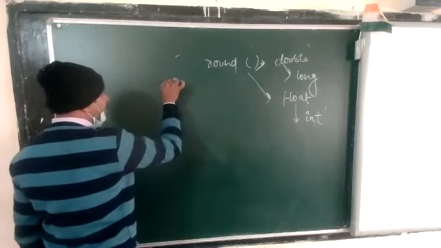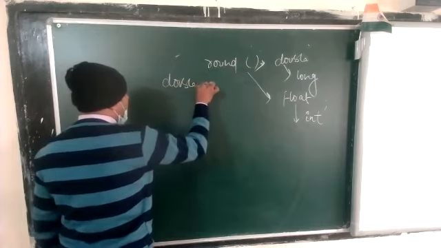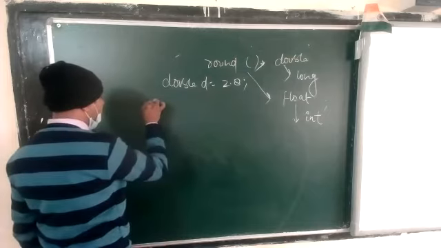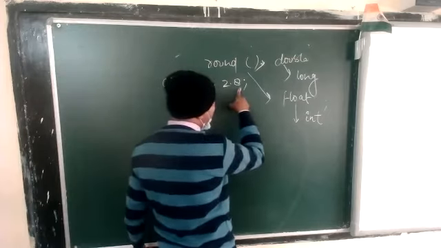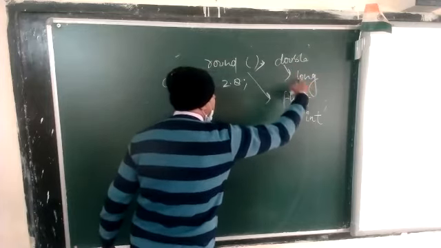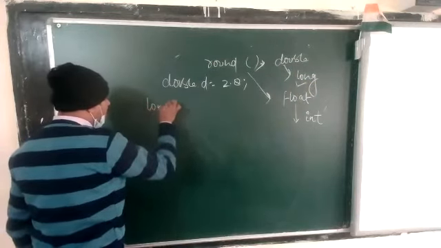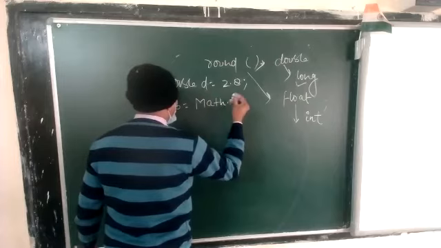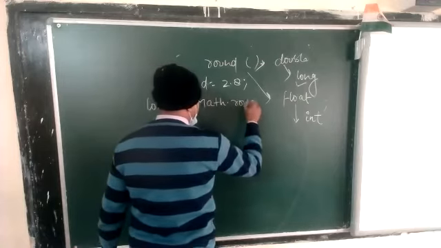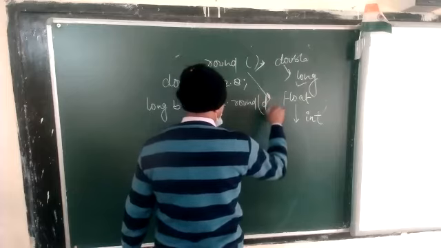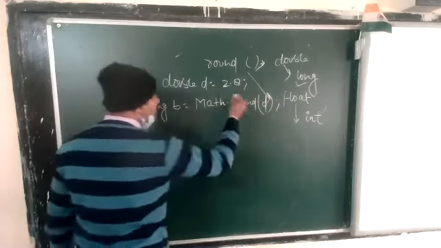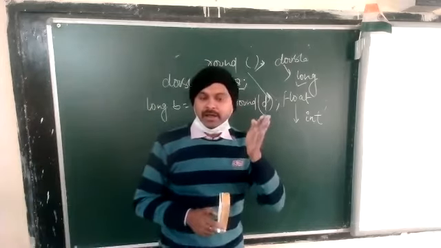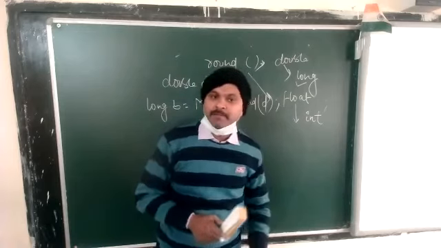Let us see. I am writing double b equals 2.8. Since it is double, the return type will be long, so I need to take long. For example, long b equals Math.round(b). Round can go round up and round down, both. It depends upon the value, whether it is less than 0.5 or more than 0.5.